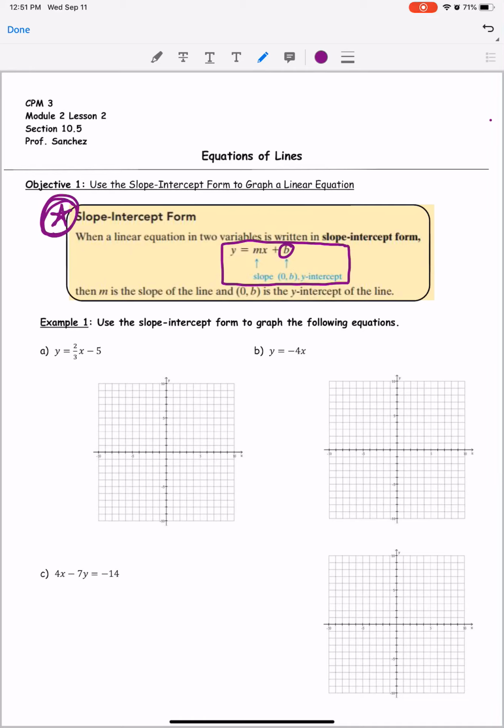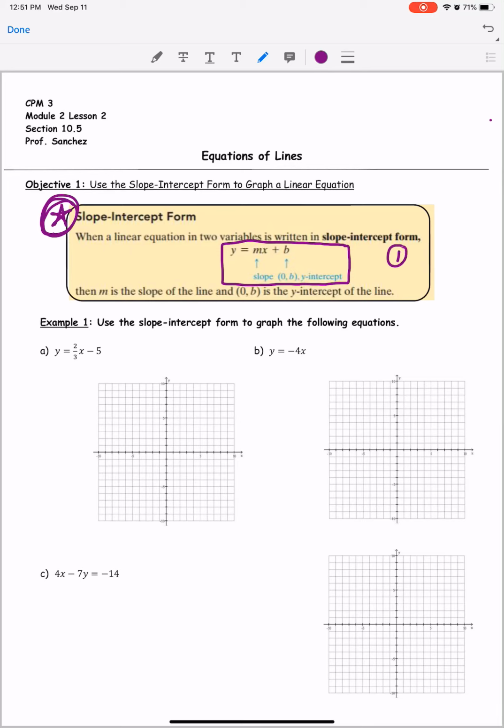This is your y-intercept. So when you graph this, you are first going to plot the y-intercept and then use your slope, which is your rise over run. Let me see if I can make this a little bit more legible.